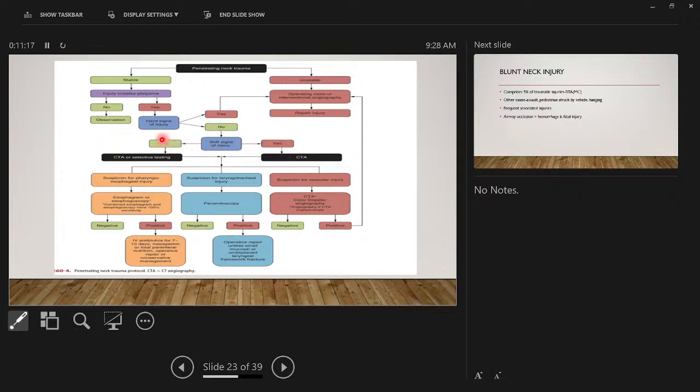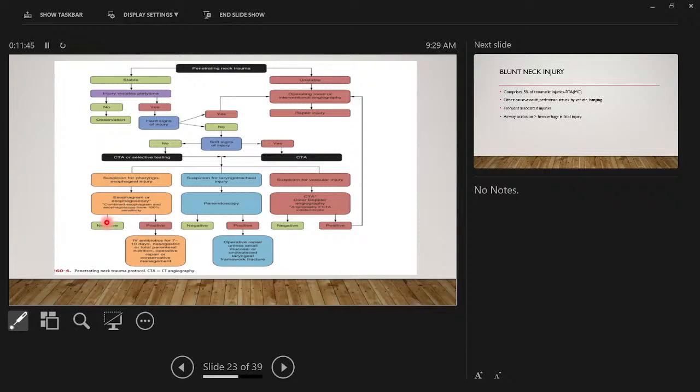If soft signs are absent, take the patient for CT angiography on a selective basis. If the soft sign is present, take the patient for CT angiography. If there is any suspicion for pharyngoesophageal injury, go for esophagogram, esophagoscopy, or combined esophagogram and esophagoscopy, which has 100% sensitivity to detect any rupture or leak from the site.